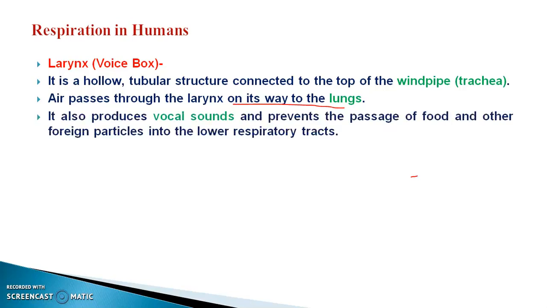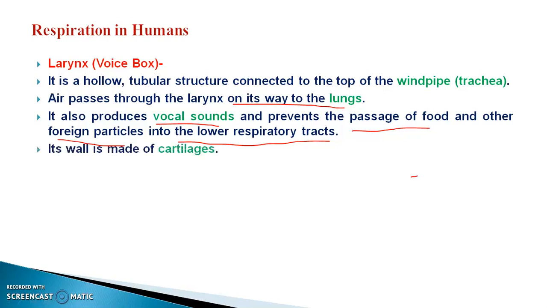The larynx also produces vocal sound. Basically this is known as the sound box, the voice box. It produces sound, and it also prevents the passage of food and other foreign particles into the lower respiratory tract. So it also acts to prevent the entry of unwanted material into our respiratory tract.